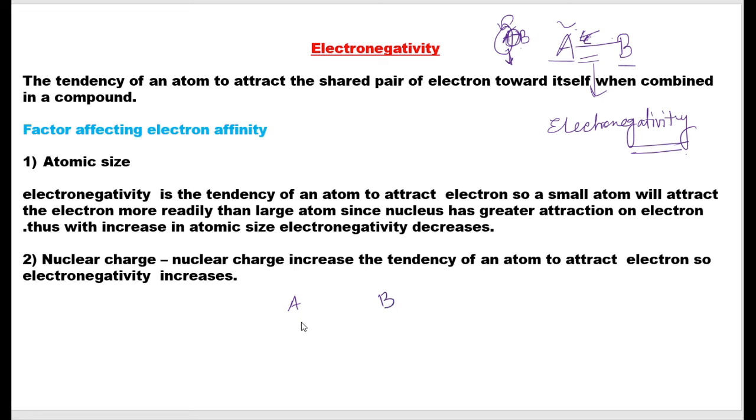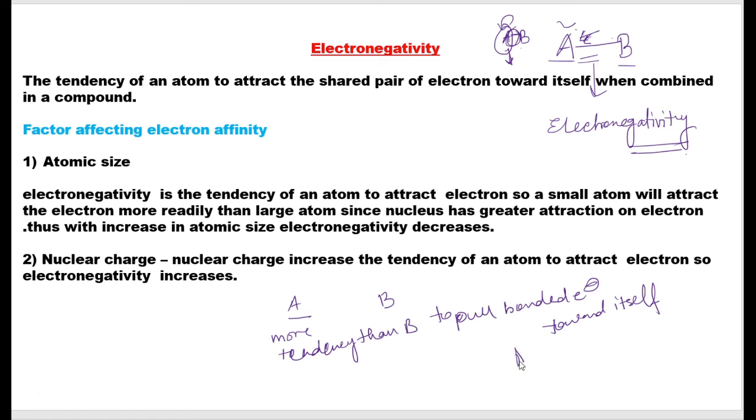A and B: if A has more tendency than B to pull bonded electrons towards itself, then A is more electronegative than B. So what is the definition?